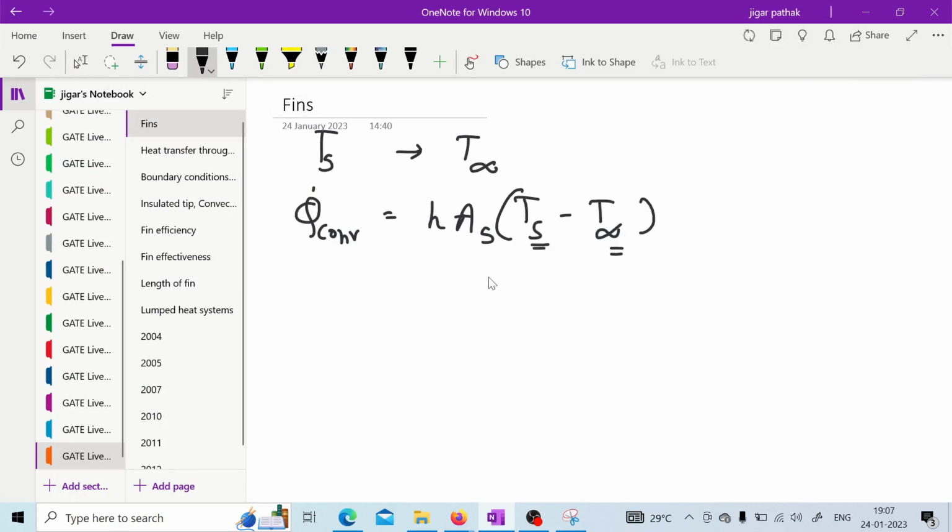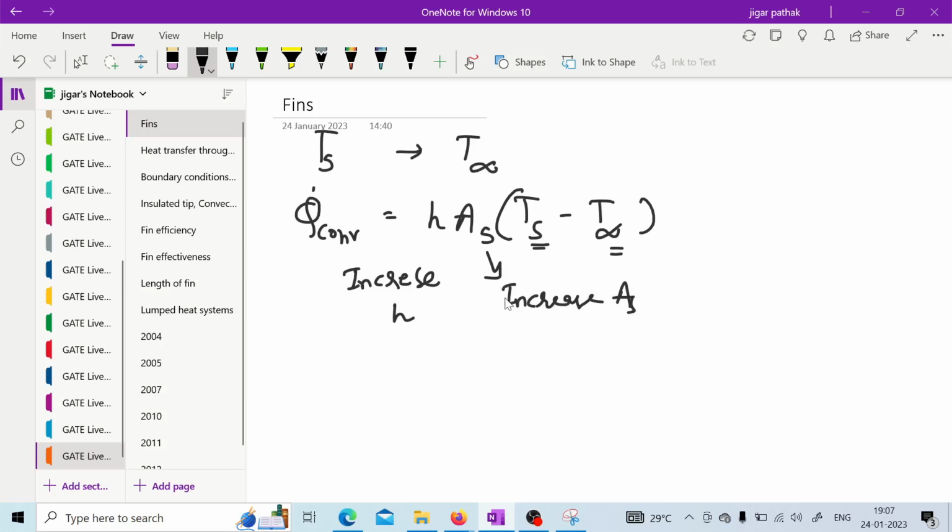We cannot change that. So what we can do to increase the heat transfer is increase the heat transfer coefficient, or increase the area through which heat transfer is taking place.